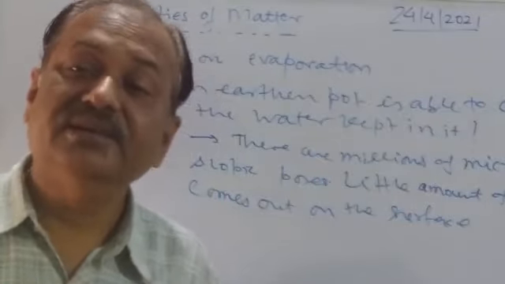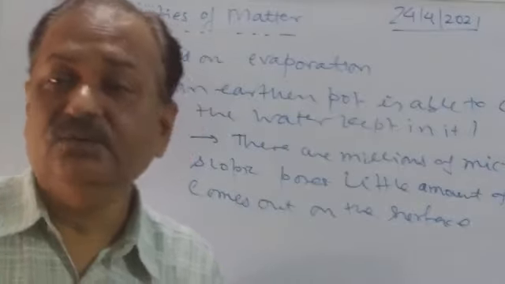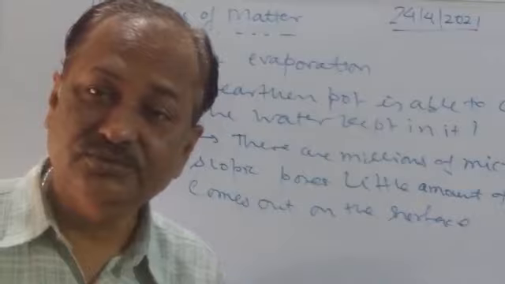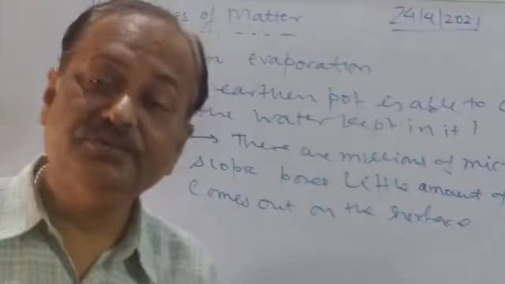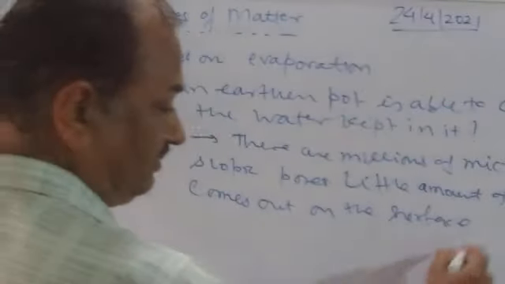any liquid will undergo evaporation at a particular temperature. Water undergoes evaporation at particular temperature. And so what happens? When there is evaporation, there is cooling. So water comes out on the surface.